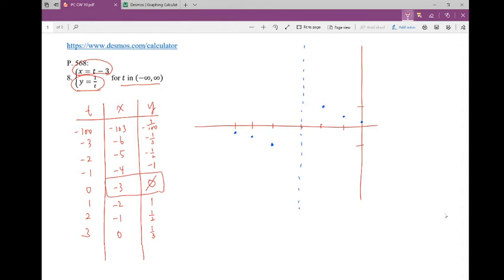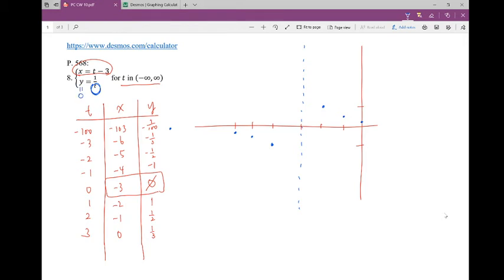So we get a point very far to the left that's very close to, but not quite on, the x-axis. And at this point, we'll notice that there is no value for t that'll make y equal 0.